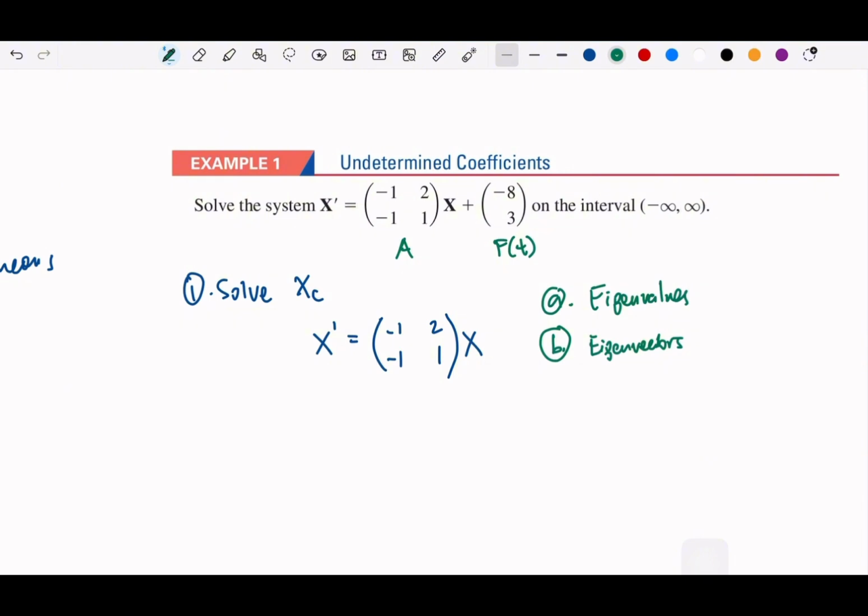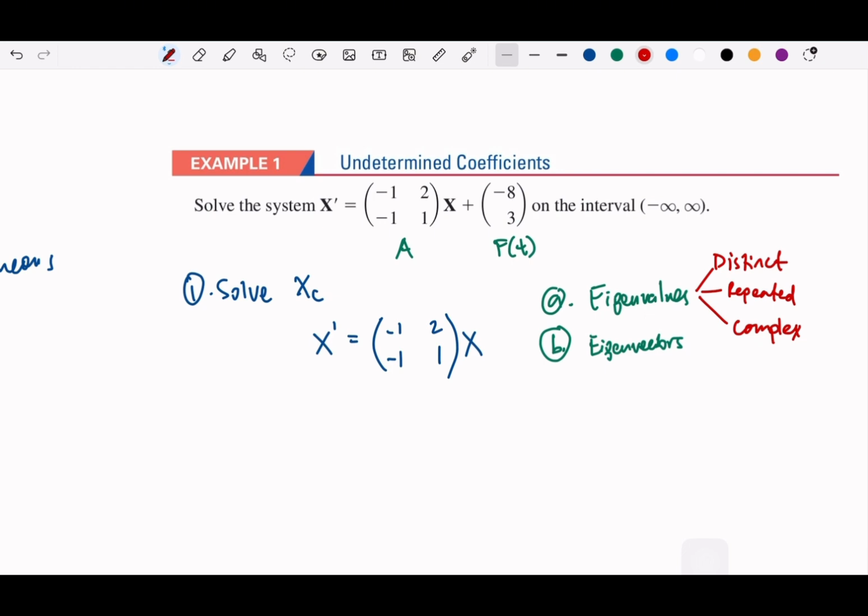But if not, then it depends on the eigenvalues. We can have distinct, repeated, or complex. If it is complex, then we have a template that we can use according to the complex conjugation in the eigenvalues.